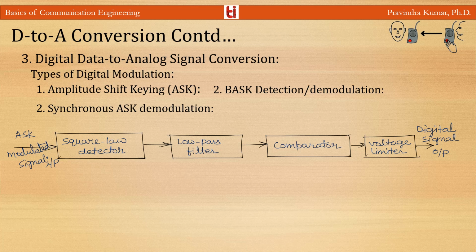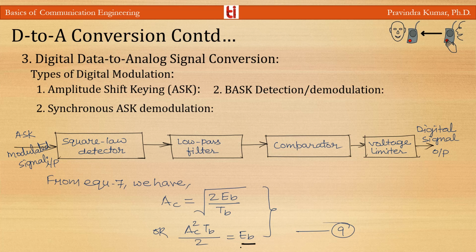A square law detector is one whose output voltage is proportional to the square of the amplitude of the modulated input voltage, and the low pass filter minimizes the high frequency components, and the voltage limiter helps to get a clean digital output. Here we know Ac is equal to root 2 Eb by Tb, from the previous slides, or you can write it as Ac square Tb by 2, which will be equal to Eb, the bit energy.